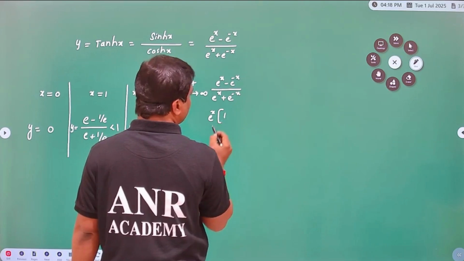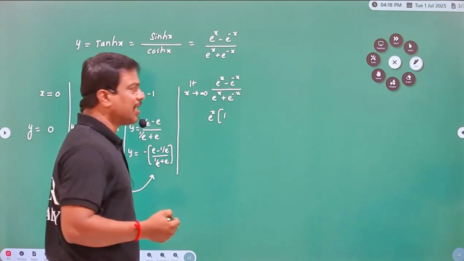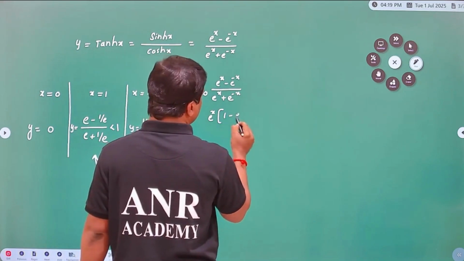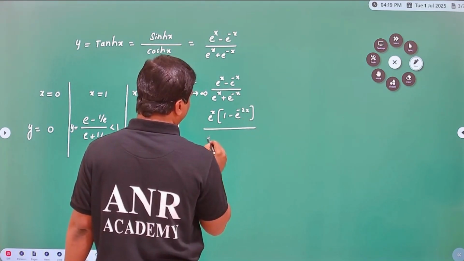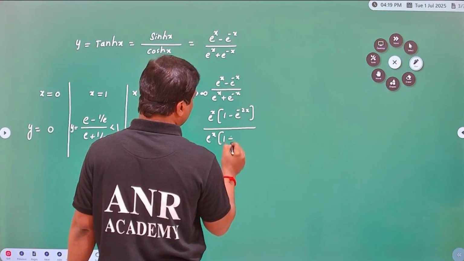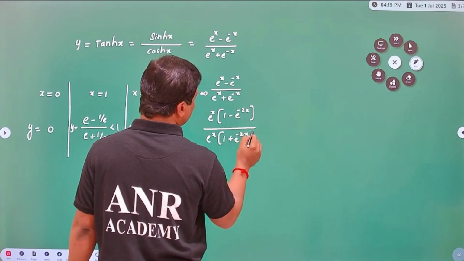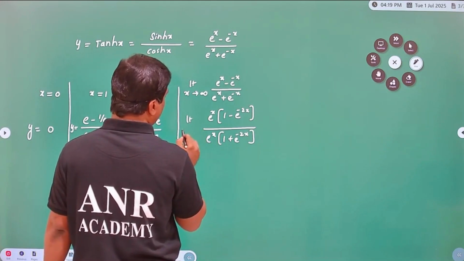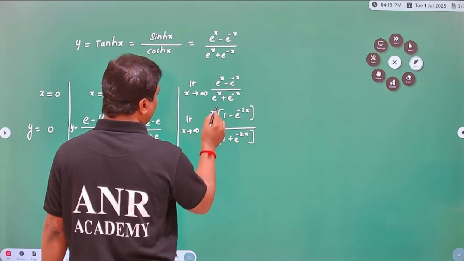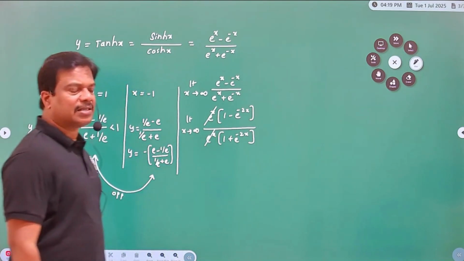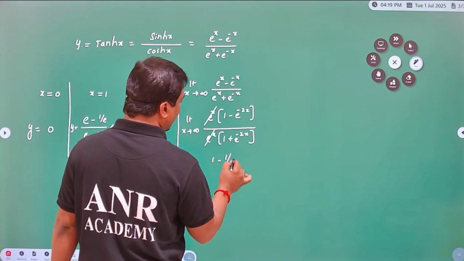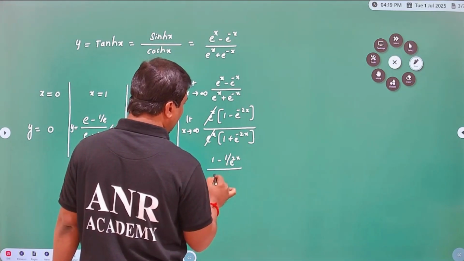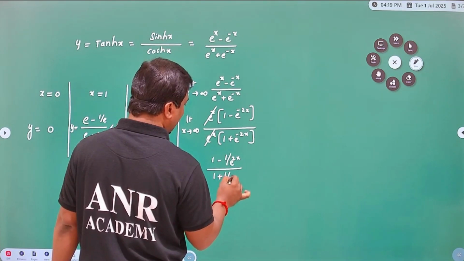What happens when taking e power x common? 1 minus e power minus 2x, divided by 1 plus e power minus 2x, limit extending to infinity. E power x gets cancelled. This is 1 minus 1 by e power 2x whole divided by 1 plus 1 by e power 2x.